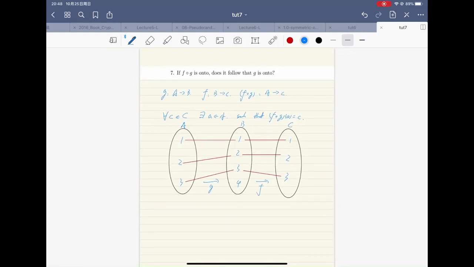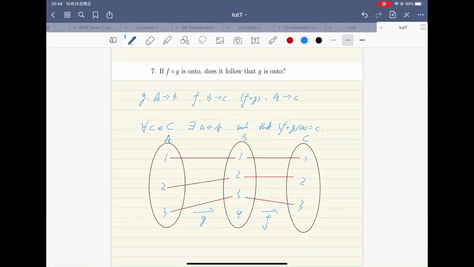So if the composition function f circle g is an onto function, that means for any value in the codomain C, we can find a corresponding value in the domain A here, right?